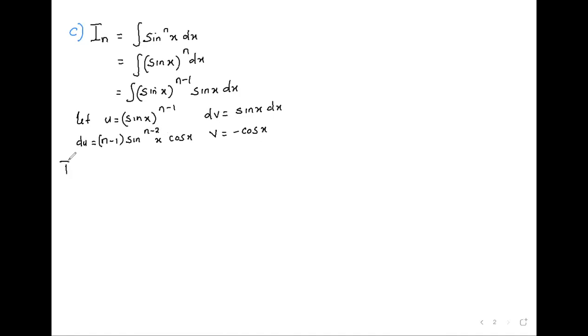So we'll now write our In as uv, that is negative cos x sine n minus 1 x. And then remember that when we are doing this, if we want, we can name it n minus 1 here because we tempered with our original In.